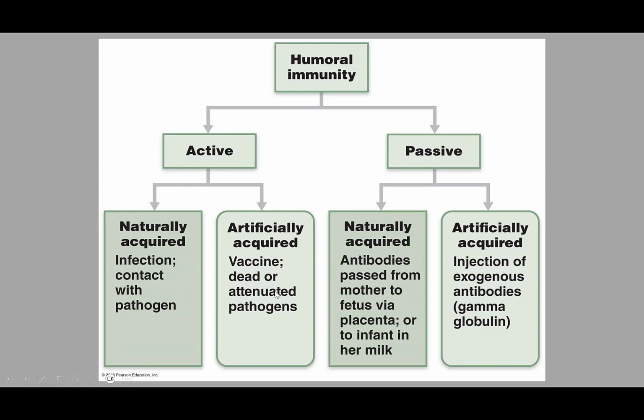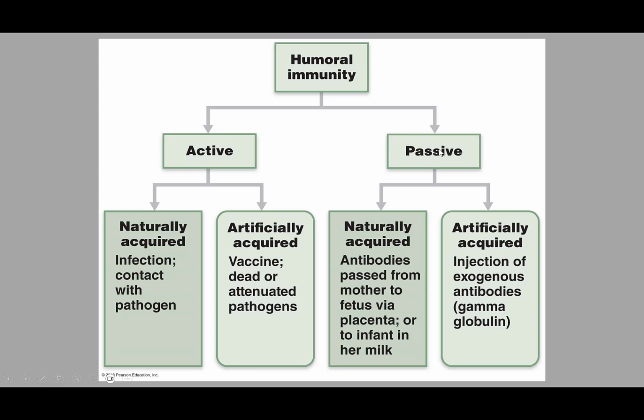So you are being injected with things that have the shape of pathogens, but they cannot harm you. So when you are injected with those, your immune system starts to build antibodies against them. This is artificial because you did not naturally come into contact with those pathogens. They were injected into you, and you started making those antibodies. But in both of those cases, naturally acquired and artificially acquired active immunity, you started making those antibodies.